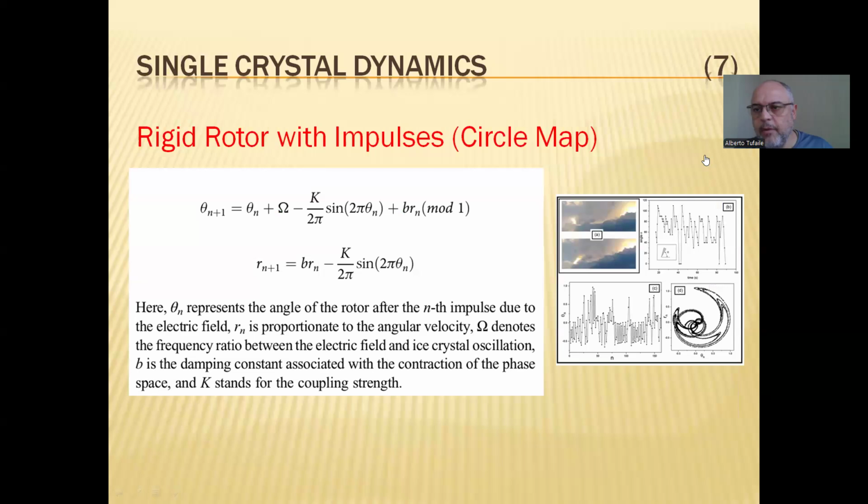First we have this model for a single crystal. We modeled the system using this 2D circle map. This is a simple system that generates oscillations and chaos. The resulting time series reproduce the plume oscillations, and the attractor from our model looks like a rhino horn.